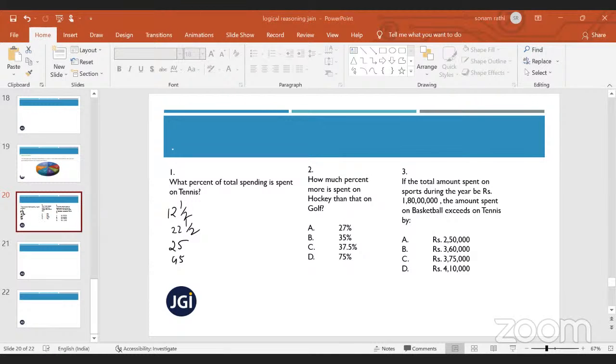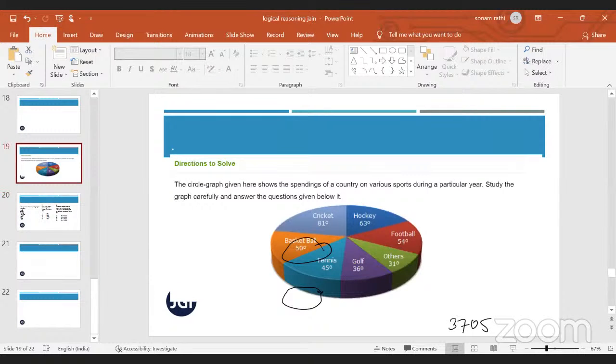Question number 1, 12 and a half, right? Because I told you how to convert percentage into degree. What is the tennis degree? Tennis degree is 45 degrees. So we know 360 degrees is 100%.